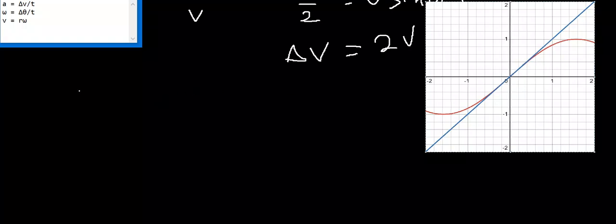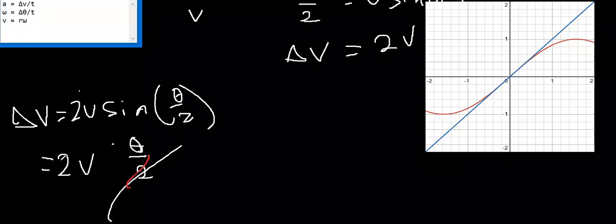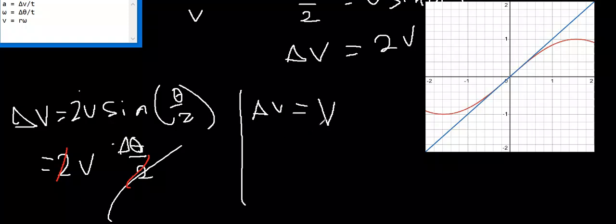So we're going to write now that instead of 2v sine theta over 2, we're going to write delta v as 2v times delta theta over 2, and now the 2's cancel out. Boom. So now we can write that delta v is equal to v times the change in theta.